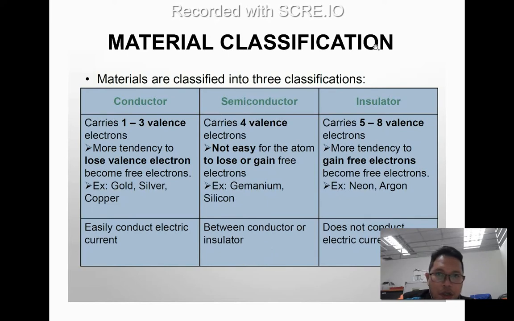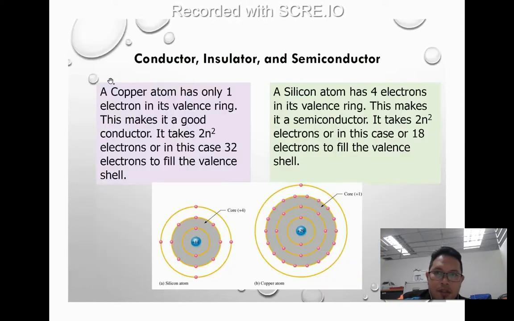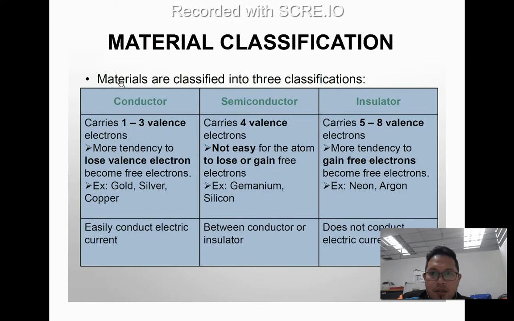So these are the three material classifications: conductor, semiconductor, and insulator, which we can compare. The most important is the valence electrons: a conductor has 1 to 3 valence electrons, a semiconductor has 4, and an insulator has 5 to 8.